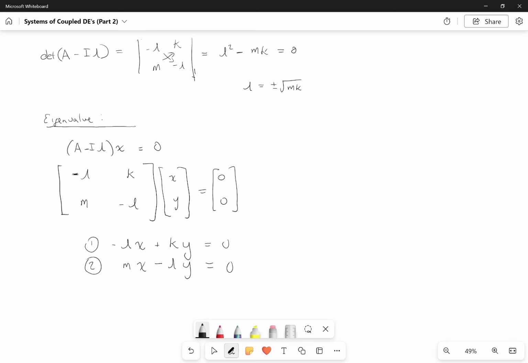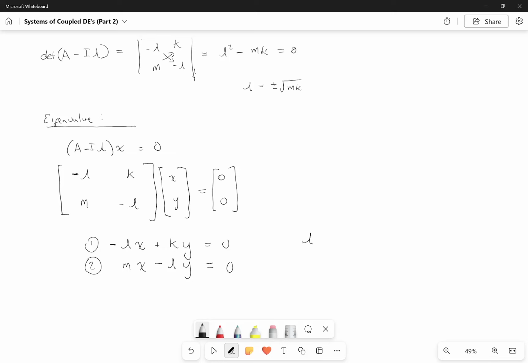Okay, and what we basically want to do is see the relationship between x1 and x2. We can choose even just one of these, and it should give us the relationship that we're looking for. So let's choose the first one here.